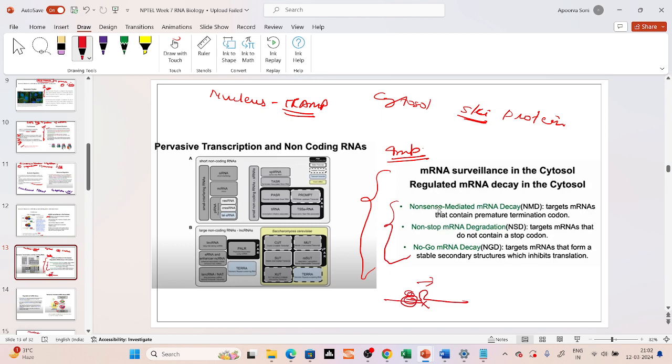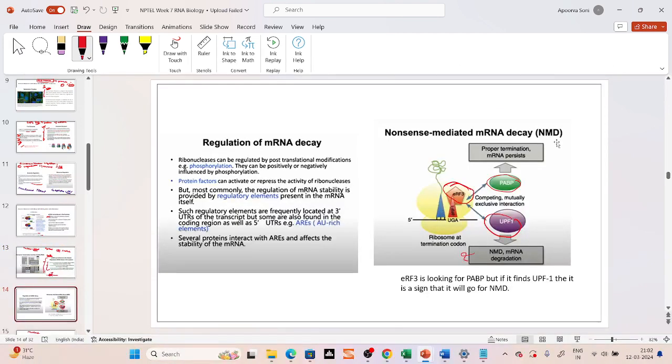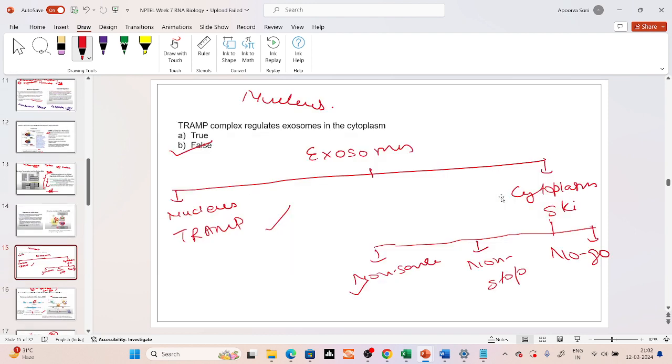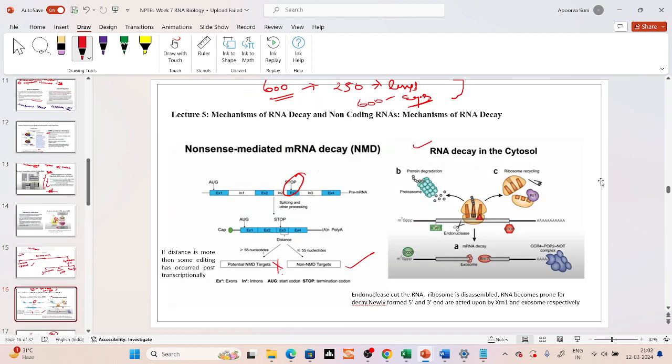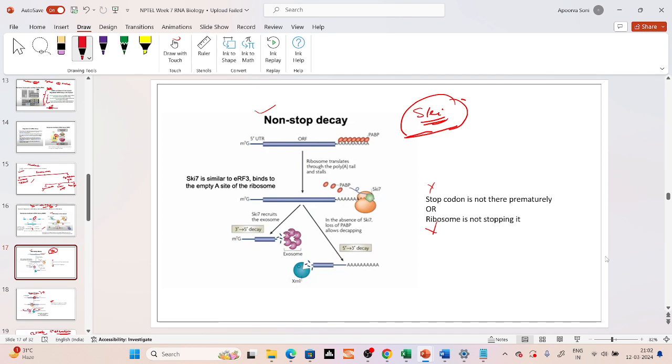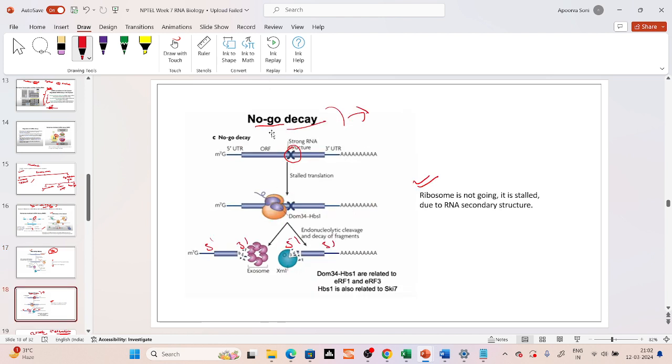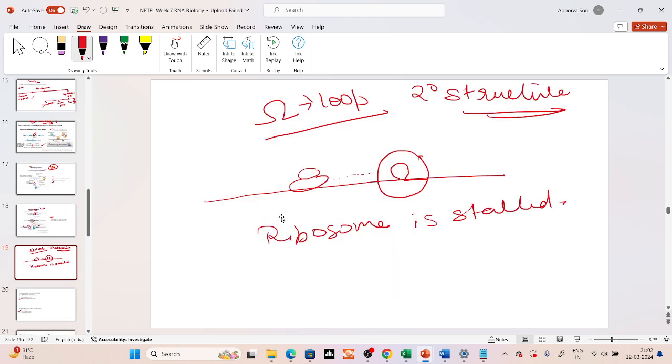In the cytoplasm, there are three pathways. First is nonsense mediated decay when a premature stop codon comes. Then there is non-stop decay when there is no stop codon or the ribosome is not stopping. And then there is no-go decay when there is a secondary structure due to which the ribosome is stopped or halted.